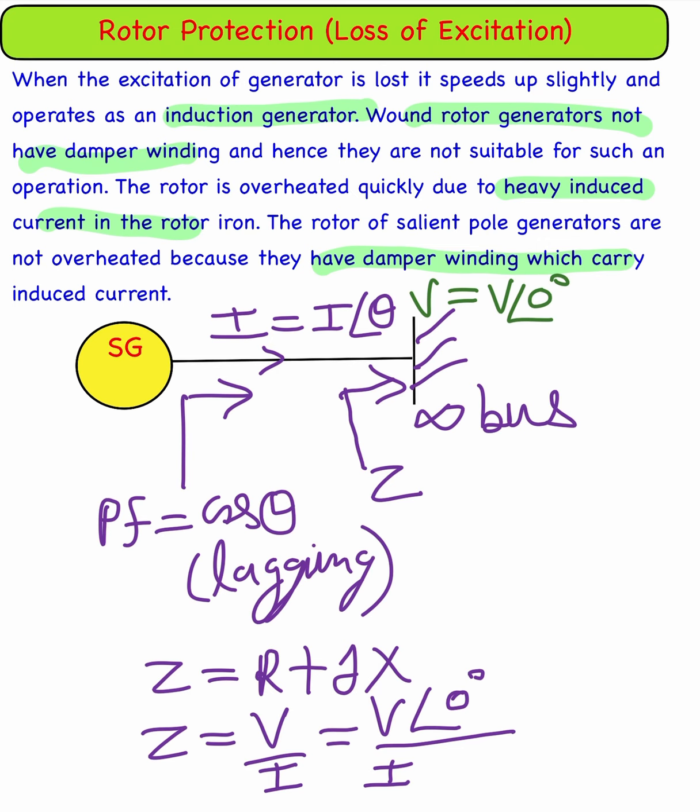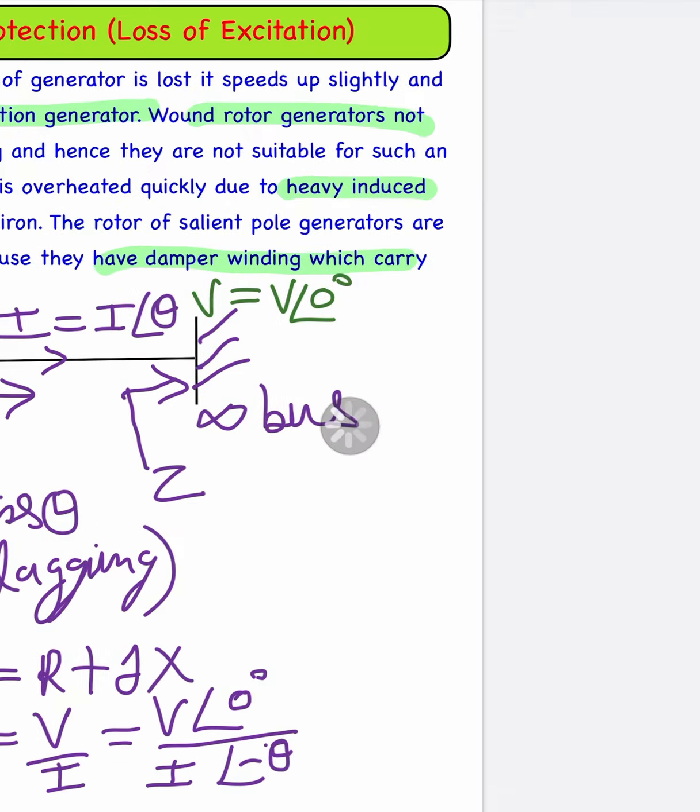So in the denominator we write I angle minus theta, and Z is equal to V upon I angle positive theta. You can see the angle theta is positive, so the impedance seen is inductive.